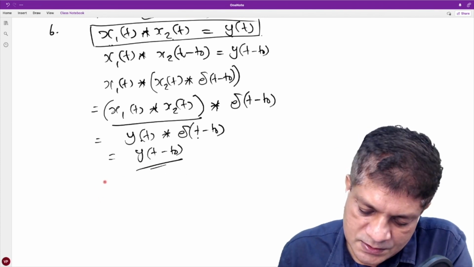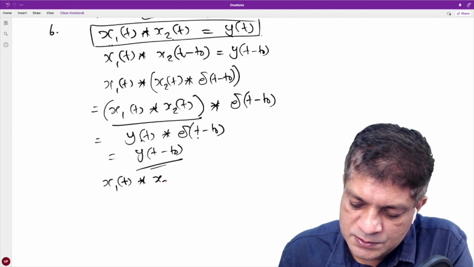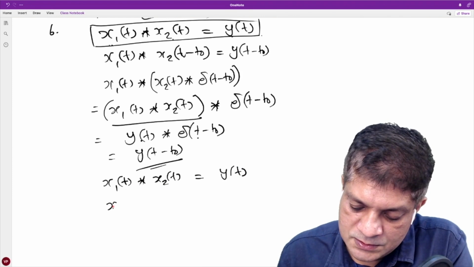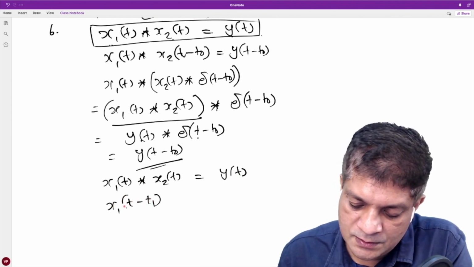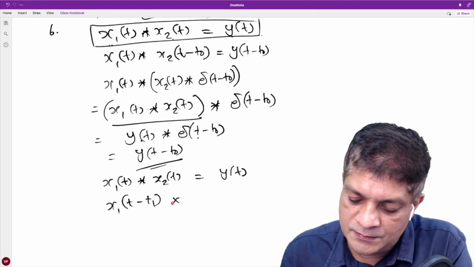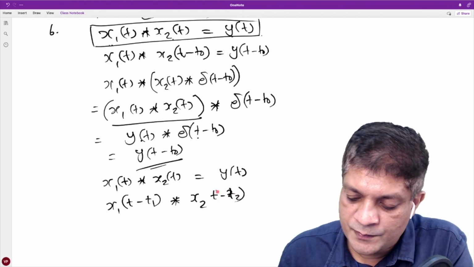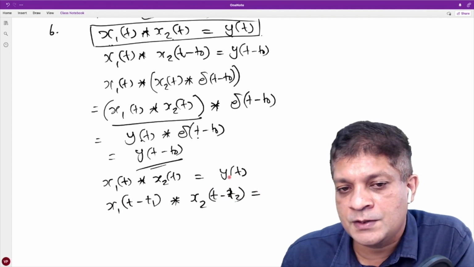And we can generalize this. If x1(t) convolution x2(t) is y(t), then what about x1(t - t1) convolution x2(t - t2)? The first signal is delayed by t1 and the second signal is delayed by t2. What is that convolution in terms of y(t)?